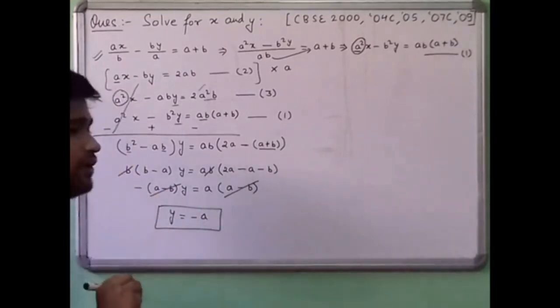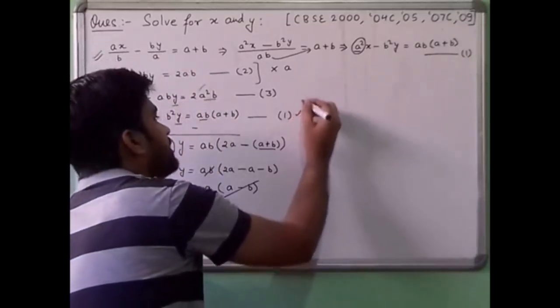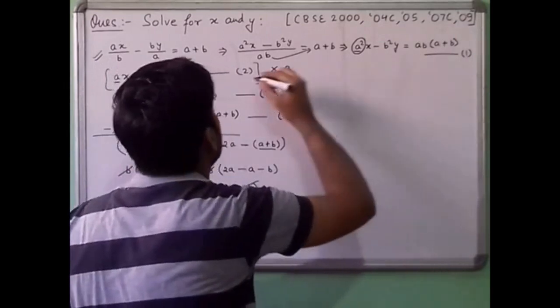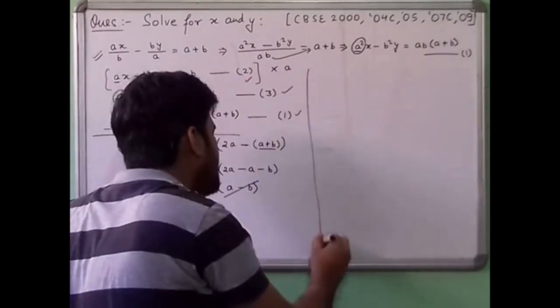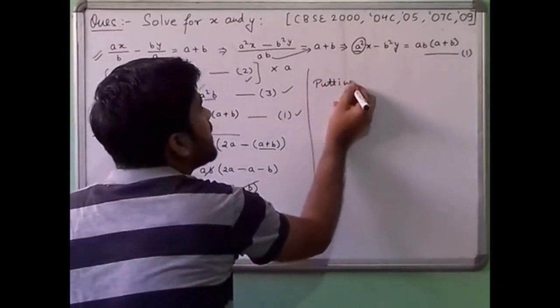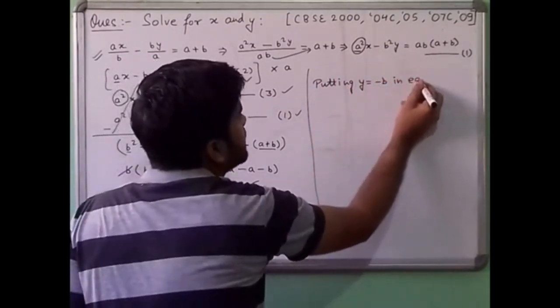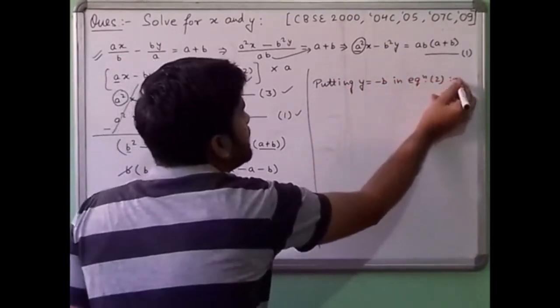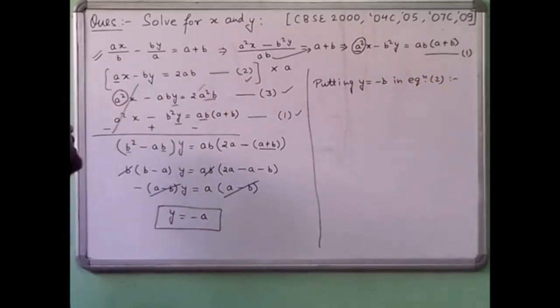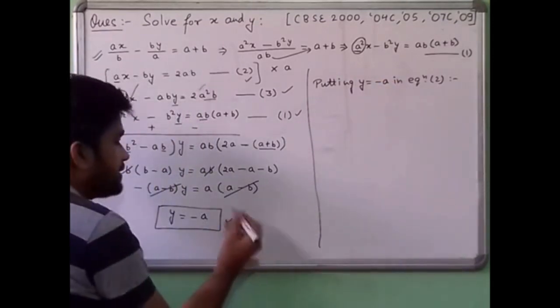Now put the value of y in any equation, equation 1 or equation 2. We put it in equation 2, putting y is equal to minus a in equation 2. Your equation 2 is ax minus by is equal to 2ab. Sorry, it's y is equal to minus a.